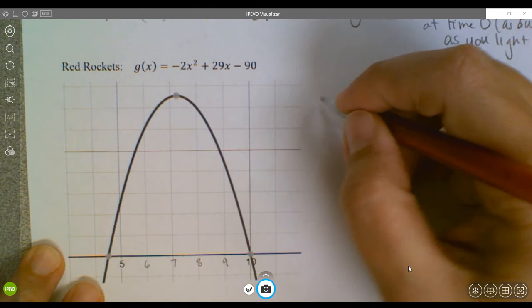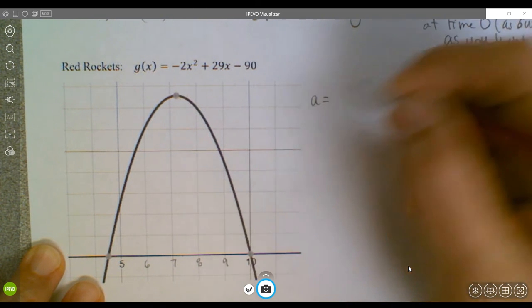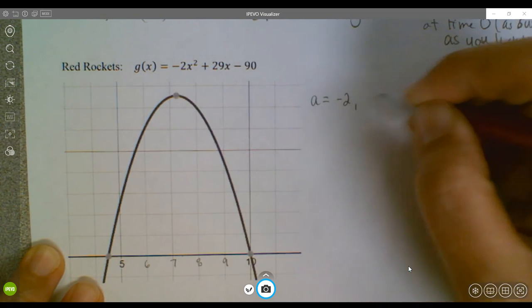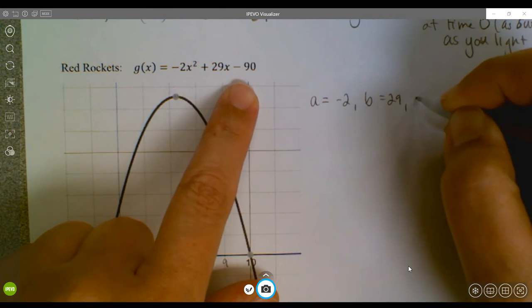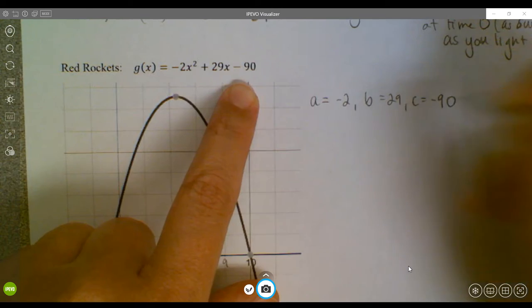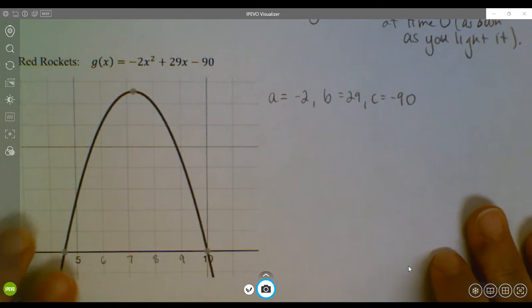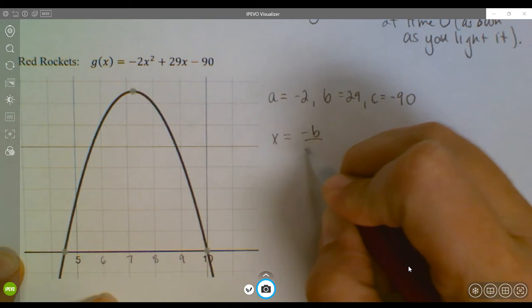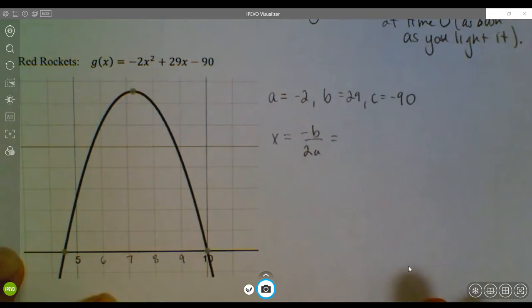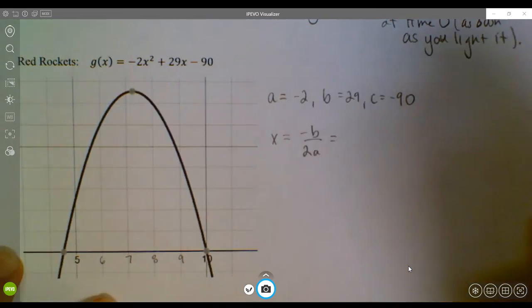So let's make our assignments here. A equals -2, B equals 29, and C equals -90. Okay? So to find the x-coordinate of our vertex, it's the negative of b divided by 2 times a.